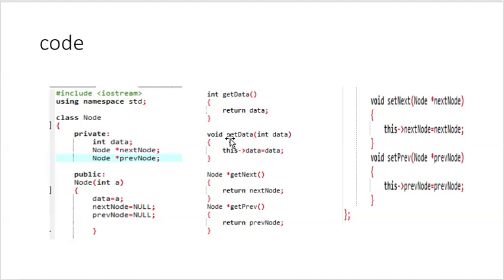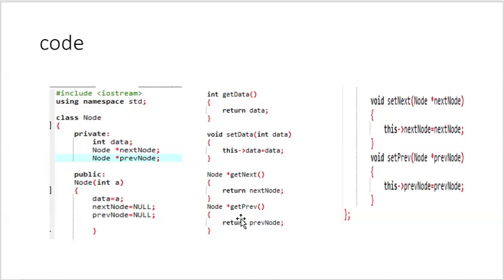Set data is the function that will assign data to the node, so this data is equal to data. Then get next is a pointer, it will return us the next node.